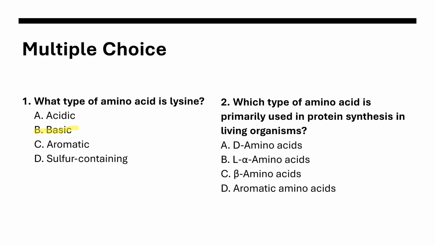Number 2, which type of amino acid is primarily used in protein synthesis in living organisms? Is it A, D amino acids, B, L alpha amino acids, C, beta amino acids, or D, aromatic amino acids?